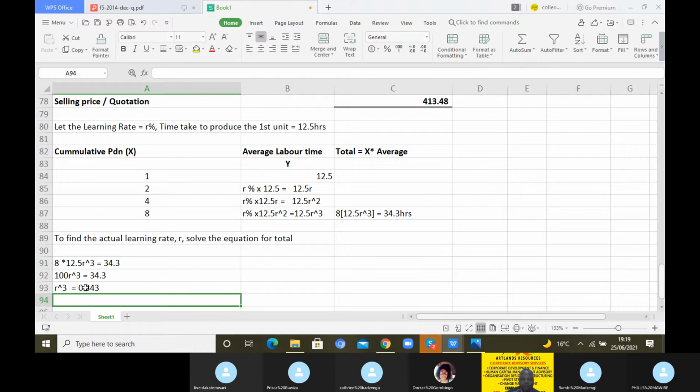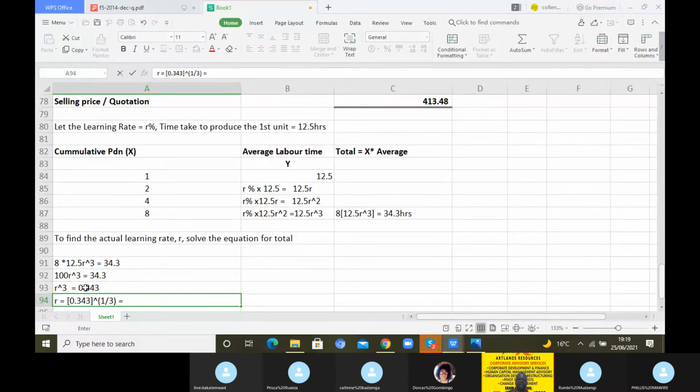And if you want to find R, you then say R equals open bracket 0.343 close bracket to the power 1/3, because it's R cubed. What do you get? 0.343 to the power 1/3.